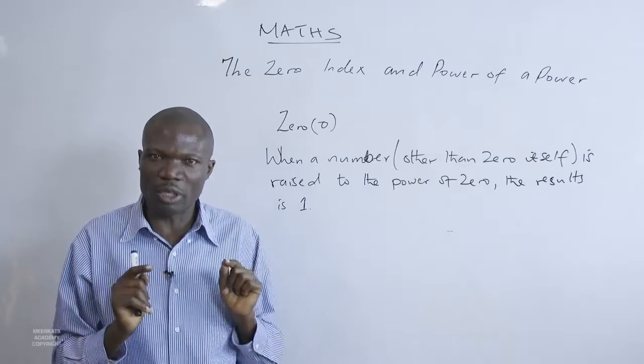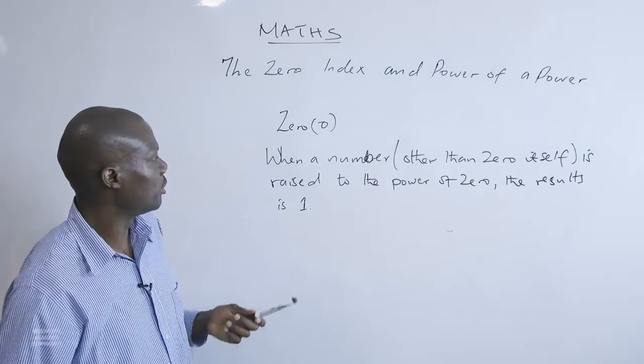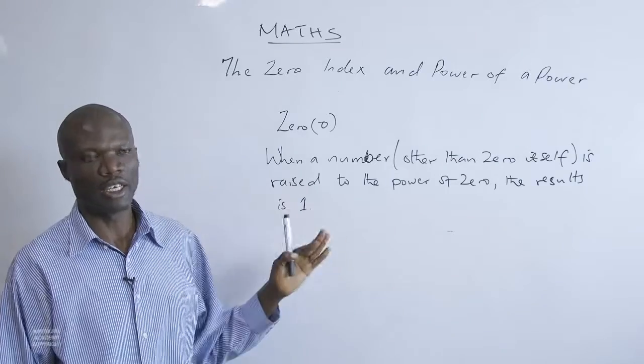Any number except 0. That is a rule. You must observe it. We shall always use it, and it's a fact.